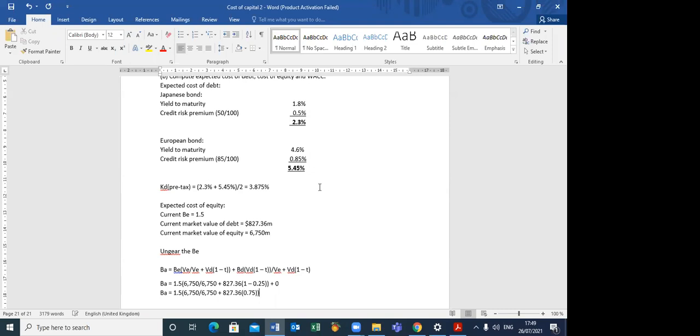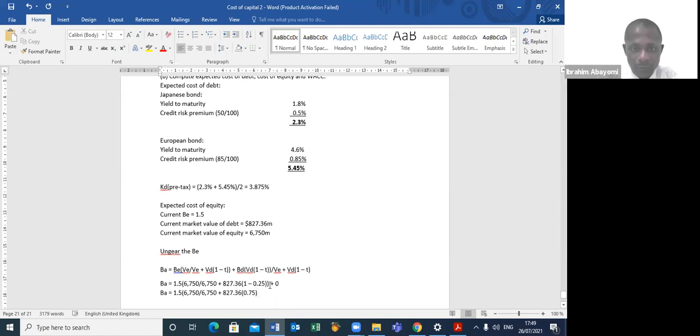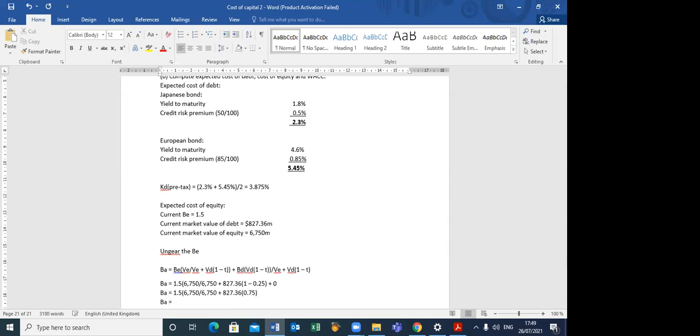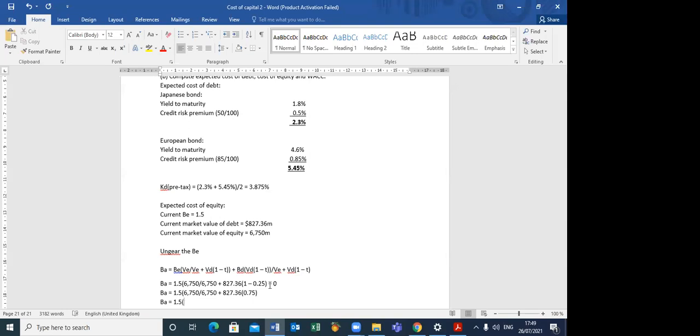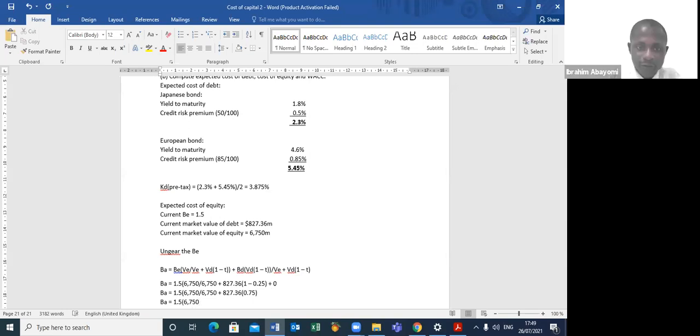Close the bracket. The second one here will not be necessary. So beta of assets will be equal to 1.5 into bracket 6,750 all over.